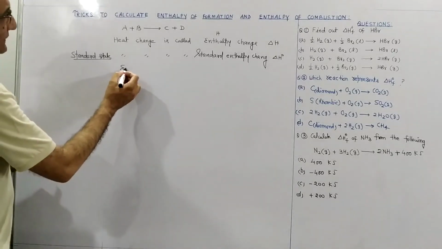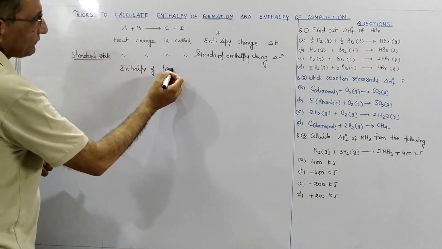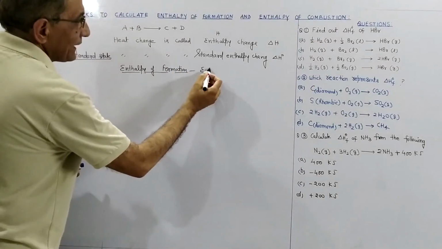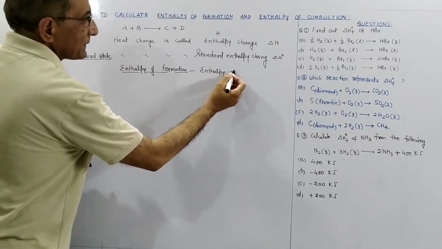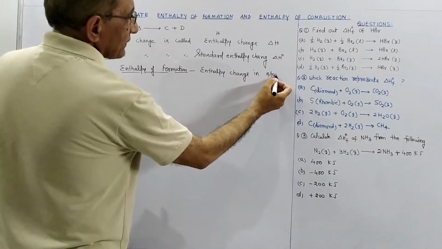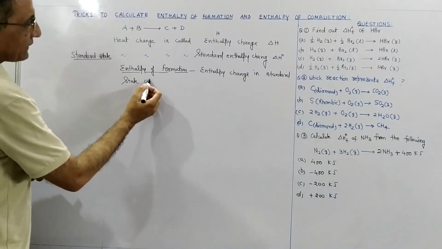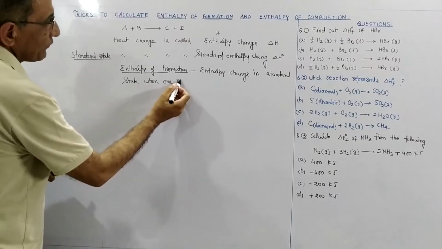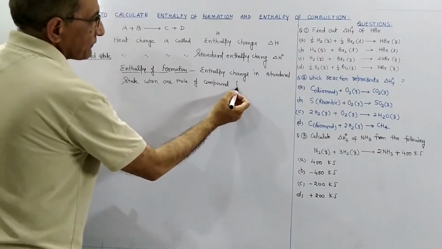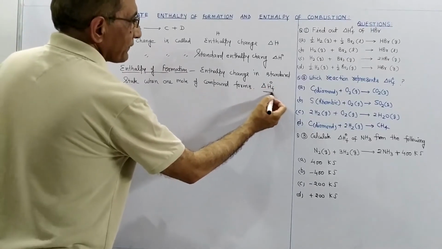So enthalpy of formation is the enthalpy change in standard state when 1 mole of compound forms. It is denoted by delta H naught F.